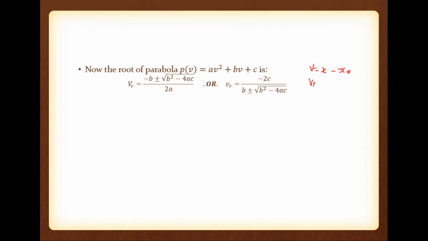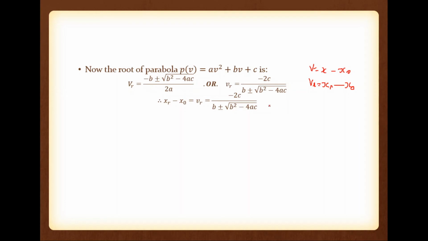Vr is equal to xr minus x0. So now what is xr? Xr is equal to vr plus x0. So xr minus x0, that is vr.